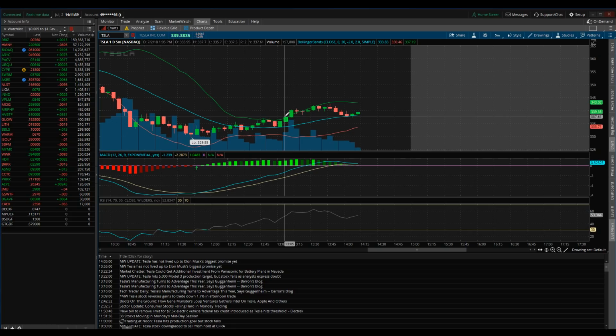So again, you need to paper trade to see how the stocks that you'll be trading actually work, because a company like Tesla, where the PPS is around $340, the price action is completely different than a stock that's $1 to $5.